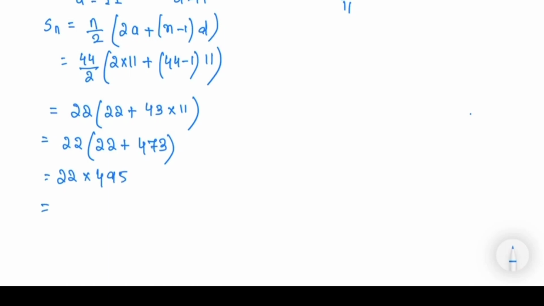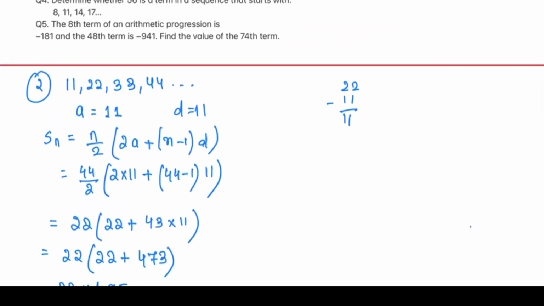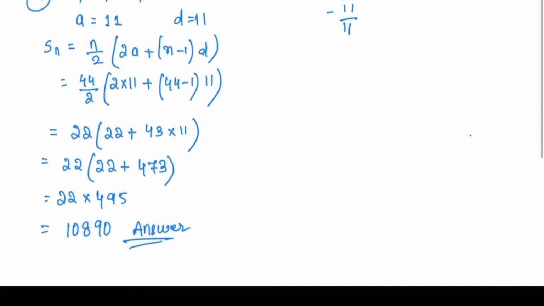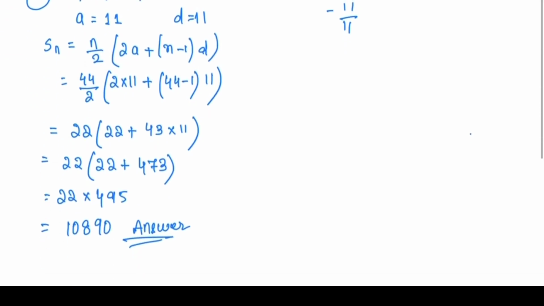So we multiply this and we got 10890. And this is your final answer. The question was to find the sum of the 44 terms of the series, and we have got the answer. What does it mean? If you add 11 plus 22 plus 33 plus 44 and so on till the 44th term, you will get your answer as 10890.